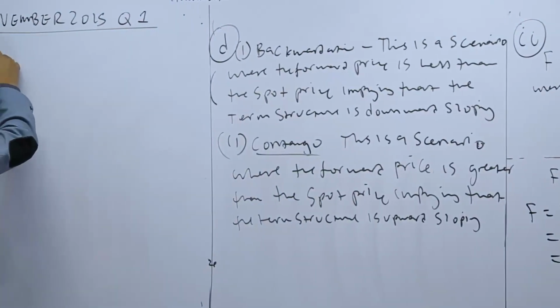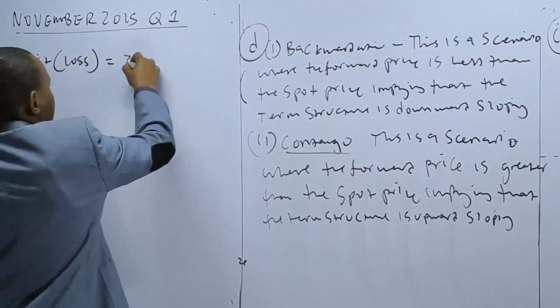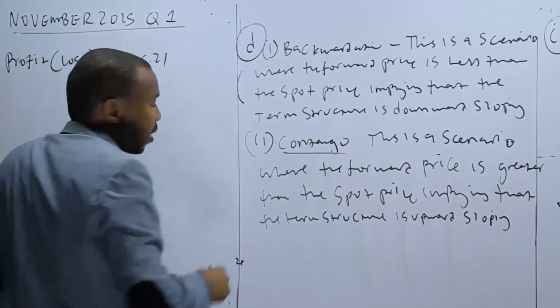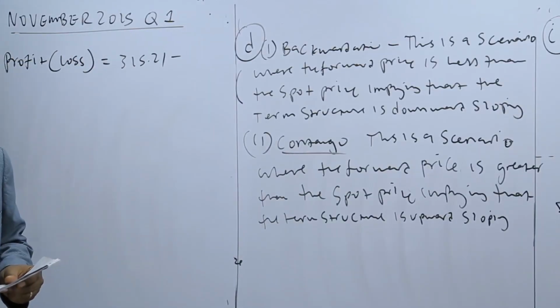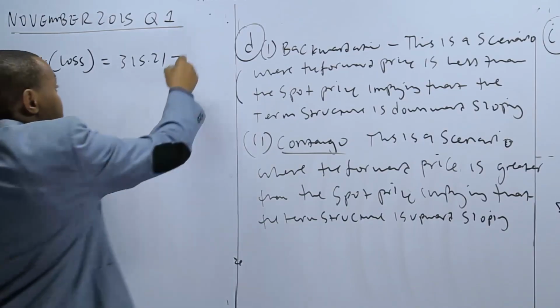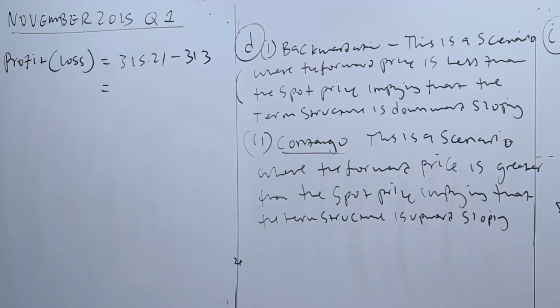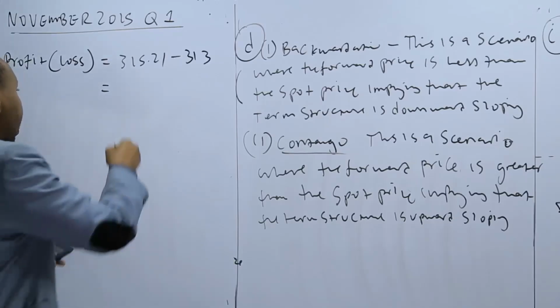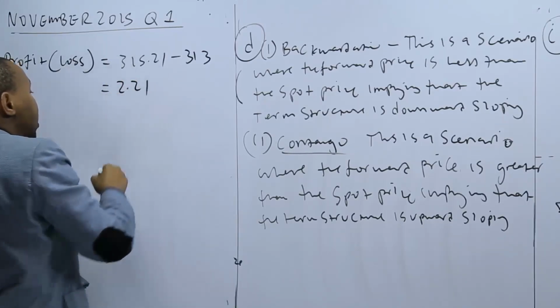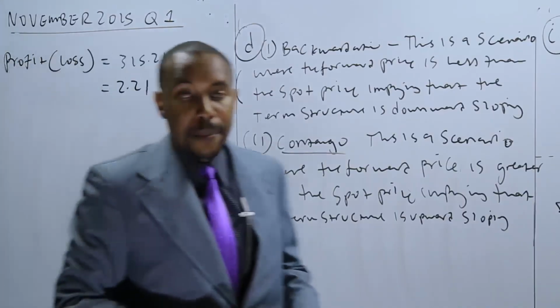So profit or loss is given as 315.21 minus how much was the price that was being used, the forward contract price was 313. Minus 313, we're saying is 2.21. That is the profit that is going to be earned on reverse cash and carry arbitrage.